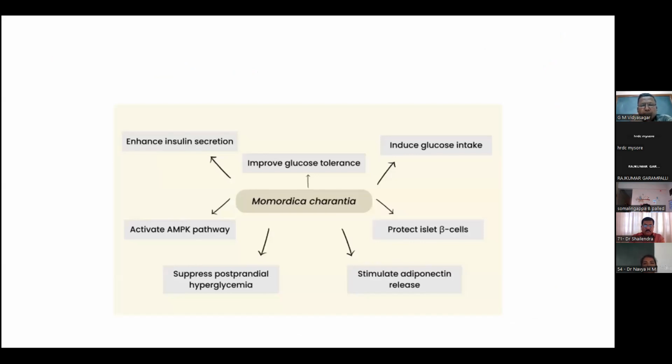So this is the way this plant, Charantia, improves glucose tolerance, induces glucose intake, enhances insulin secretion, then activates several pathways, not only AMPK, and suppresses postprandial hyperglycemia, that is, after food, whatever the glucose level increases, that also is suppressed, and stimulates adiponectin release and protects islets of beta cells.